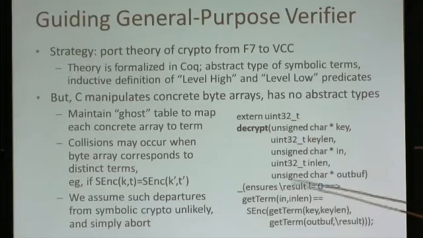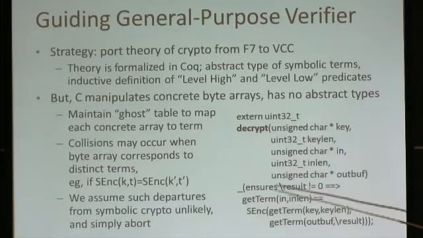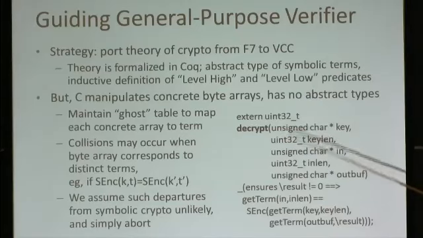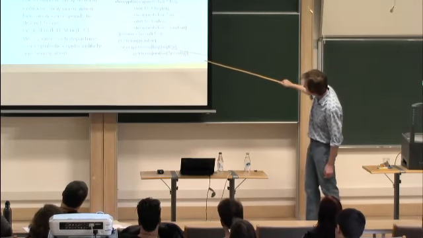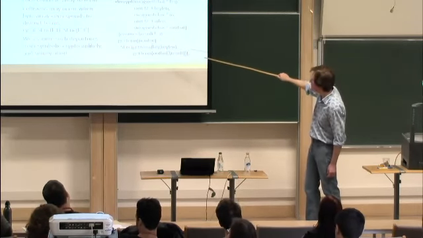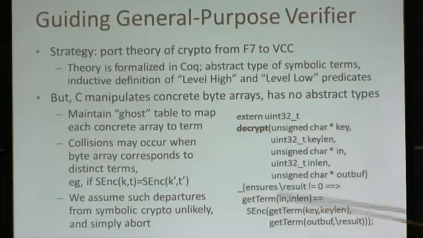And so this is a contract, or a postcondition, which I mentioned earlier, that says that if the result of calling the function isn't 0, so there's not been an error, then it's the case that the original ciphertext, which was the thing we're decrypting, the in whose length is in len. So getTerm is a function that takes the current state.